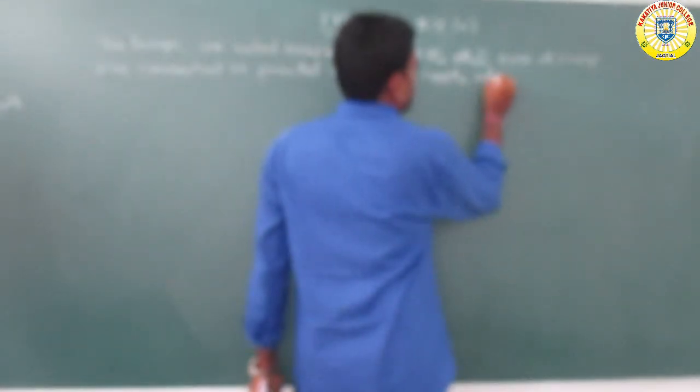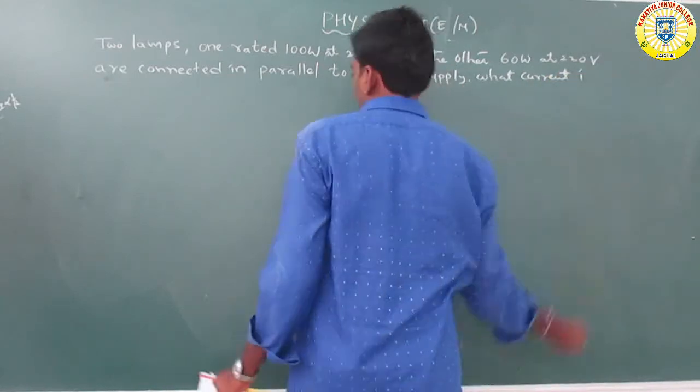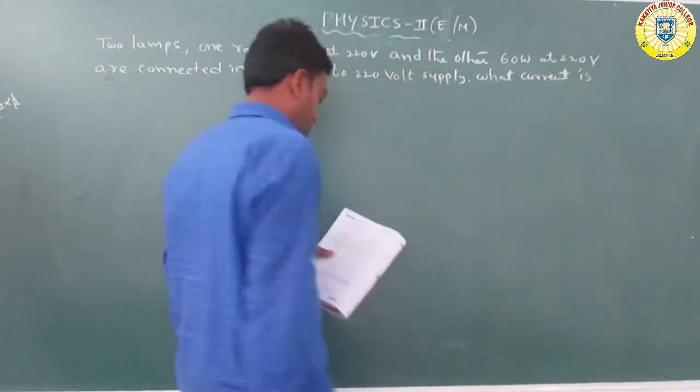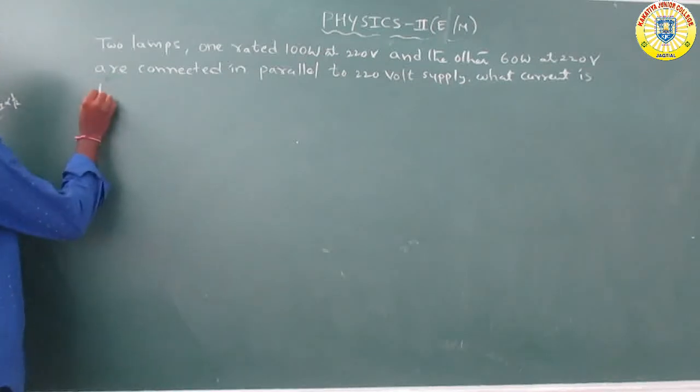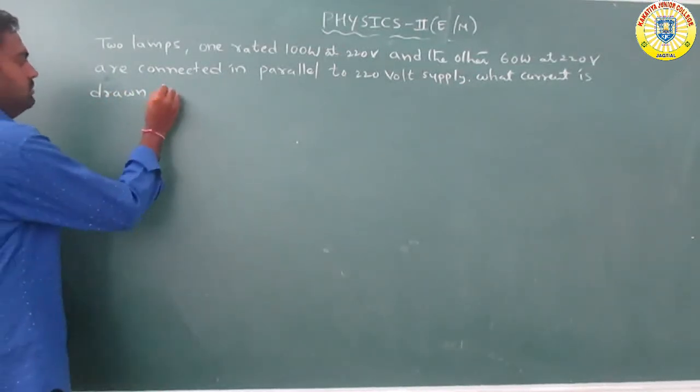What current is drawn from the supply line?